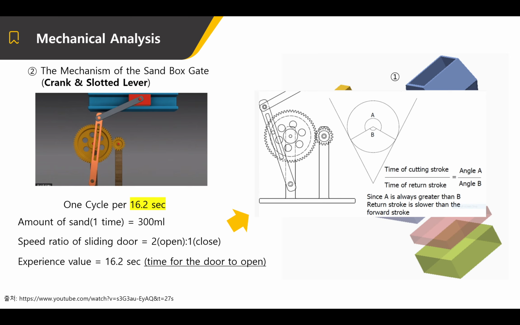It depends on the angle of the gear, and we actually got the experience value of 300 ml of fine sand being discharged. In conclusion, after 16.2 seconds per cycle, 300 ml of sand is discharged, and within the time, 120 degrees of ashtray should be rotated.